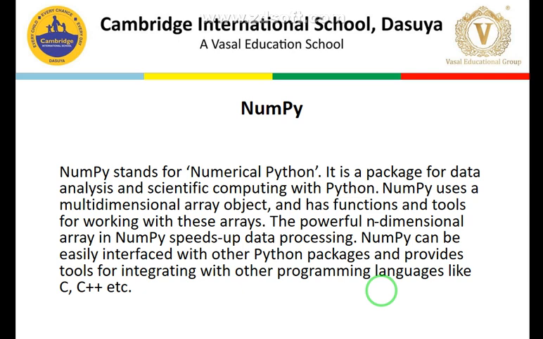The powerful n-dimensional array in NumPy speeds up data processing. That's why NumPy is very popular if you compare Python with other languages. NumPy can be easily interfaced with other Python packages and provides tools for integrating with other programming languages. So these are the features of NumPy.